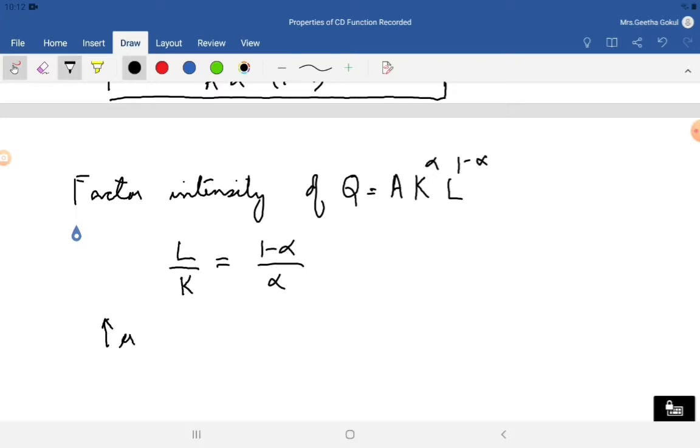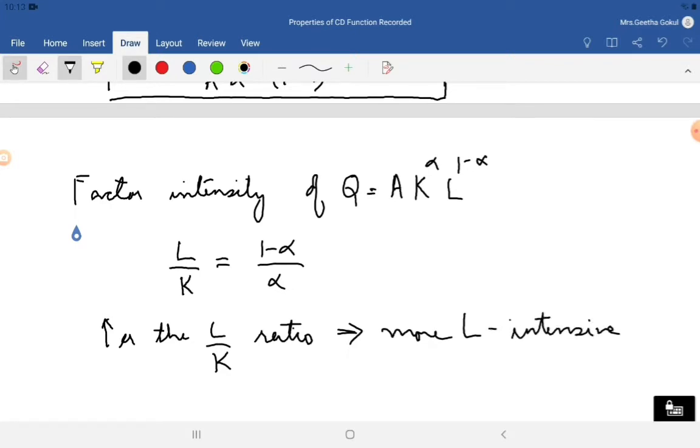Remember, higher the L by K ratio, it implies more labor-intensive technology, and vice versa. Lower the L by K ratio, more capital-intensive your technology is.